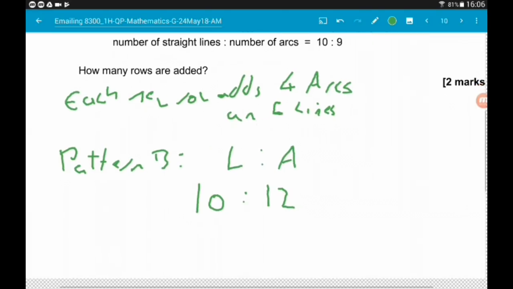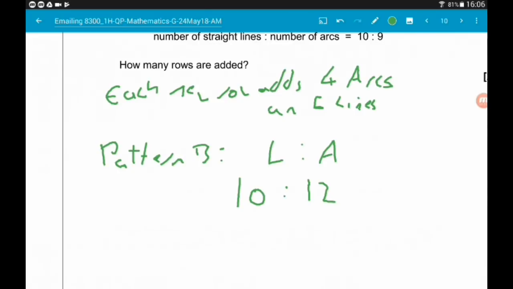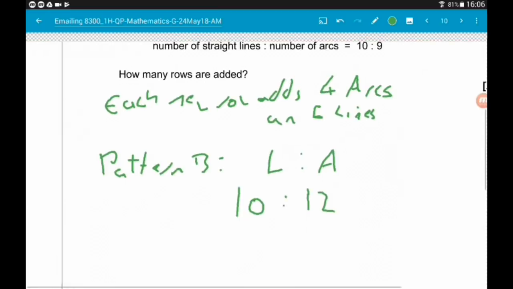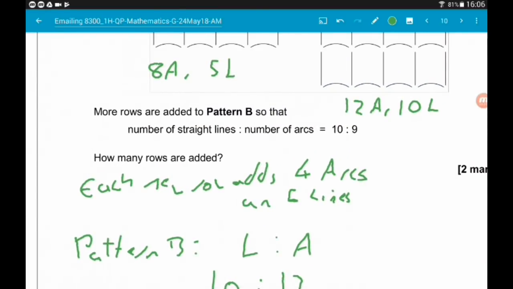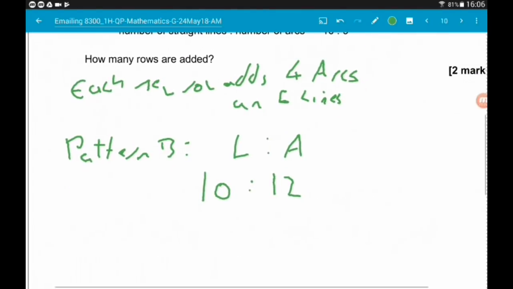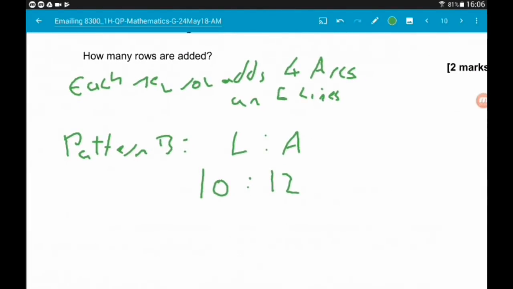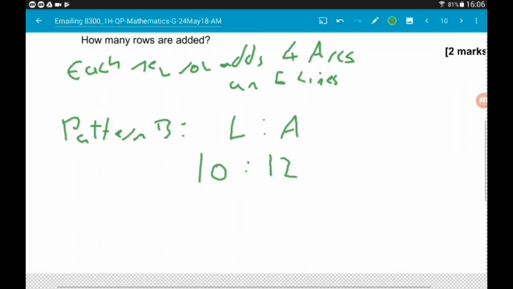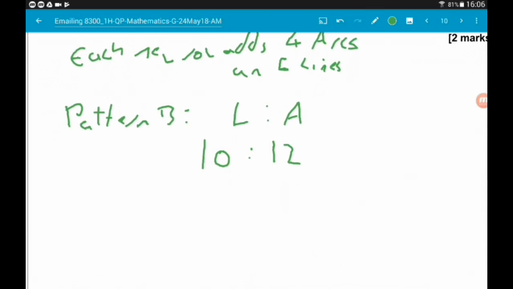So now what we're going to do, underneath this ratio, we're going to add on 1 more row, and every time we add on a new row, we add on 4 arcs and 5 lines. We want to get ourselves to a ratio that will simplify to 10 to 9. So, if we add on one row, we're going to have 15 to 16.